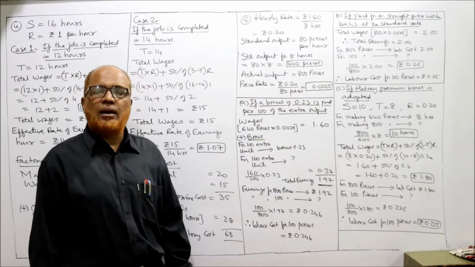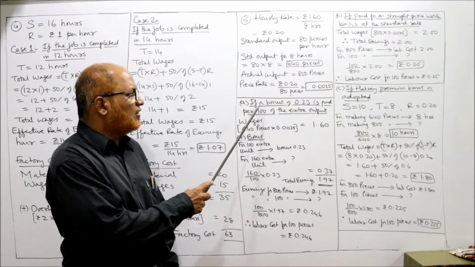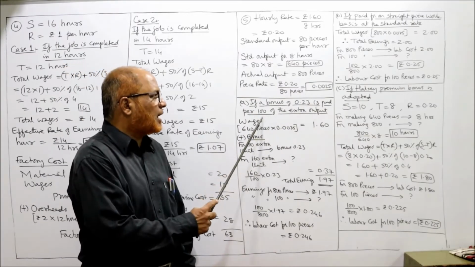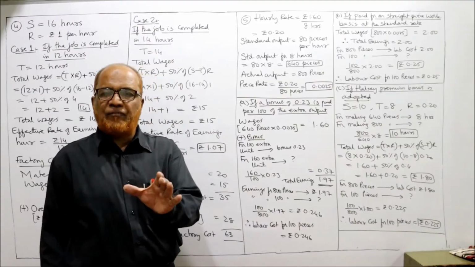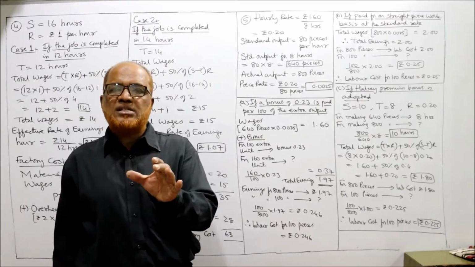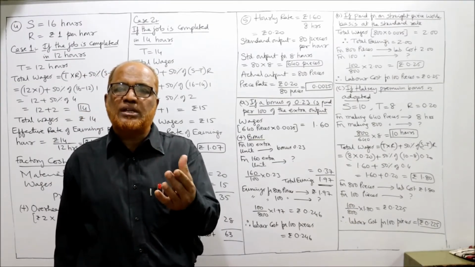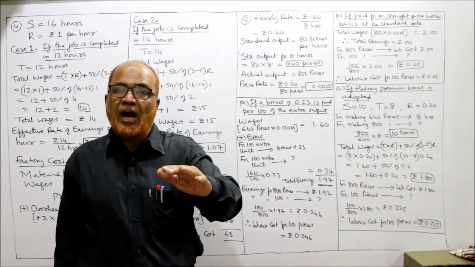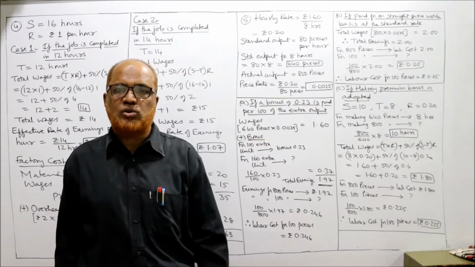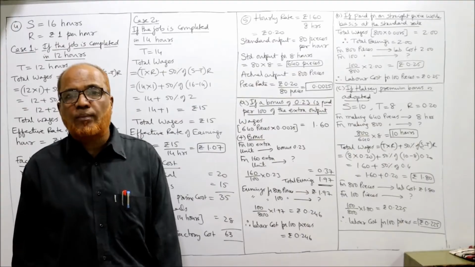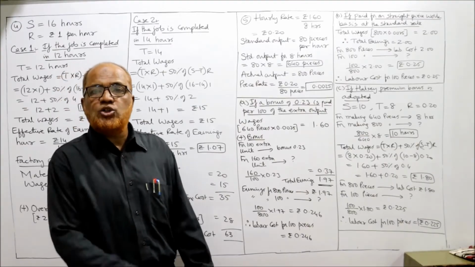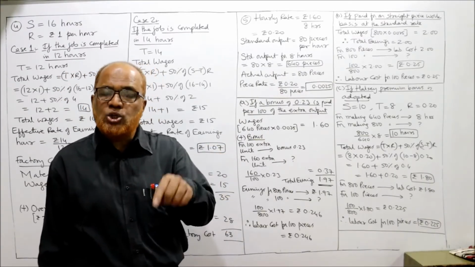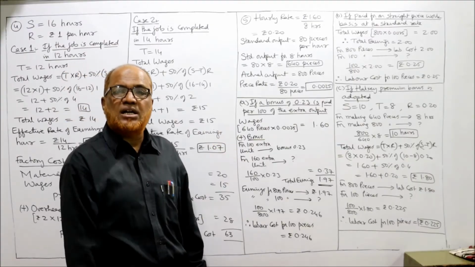Now we'll attempt one by one. The first question: if a bonus of 0.23 is paid per 100 extra output, what is the total wages? Definitely he has produced extra, because the standard output he should make is 640, but actually he has produced 800.